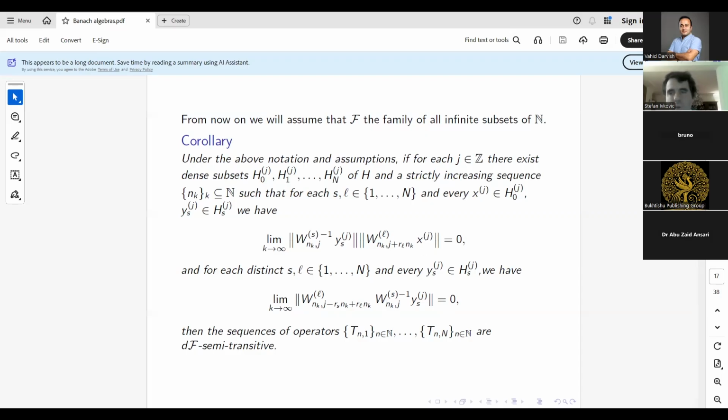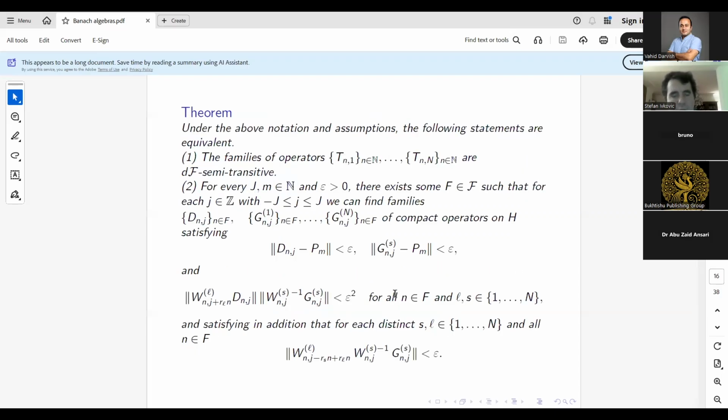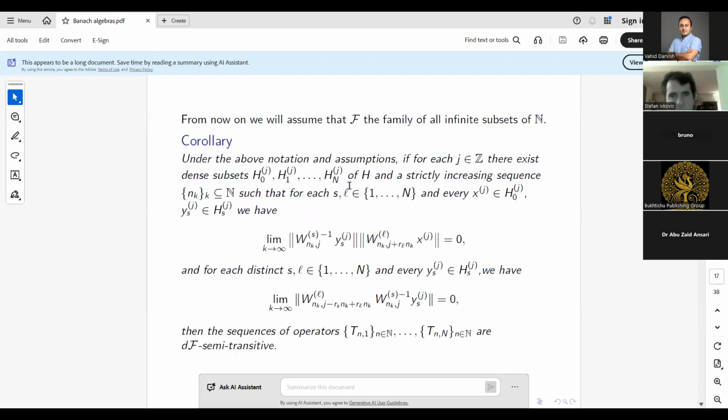So as above, we avoid trying to figure out such families of operators satisfying these inequalities, but we can check these inequalities on some dense subsets of H, and this will then work.